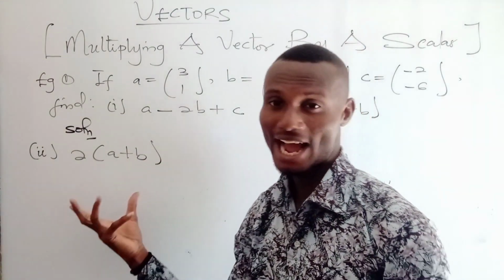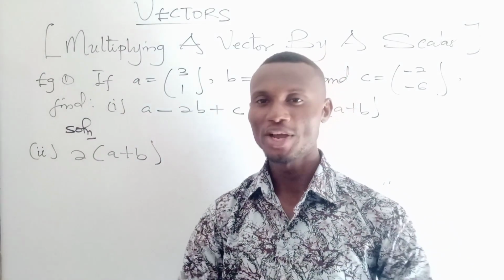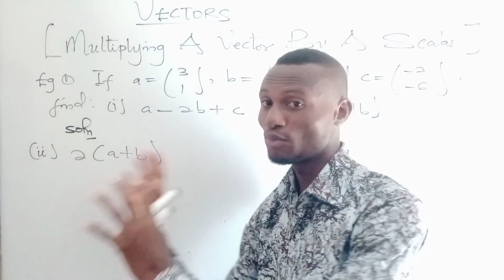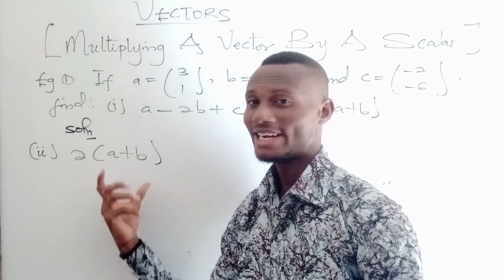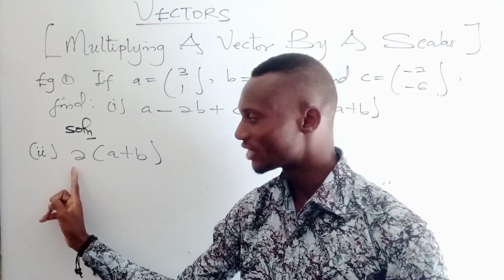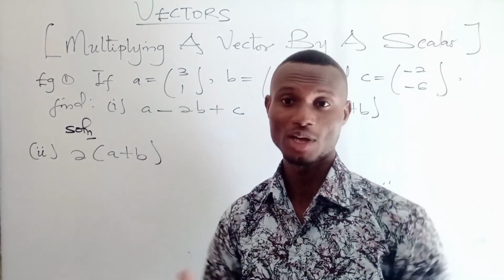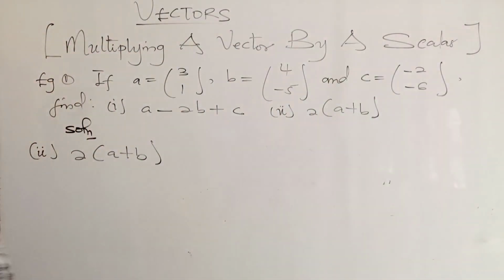A plus b, they are adding. So what we are going to do is handle the bracket first. We are going to input our values, focus on the bracket first, then use the scalar, which is the 2 here, to multiply the value that we get. That's what we are going to do. Very simple.